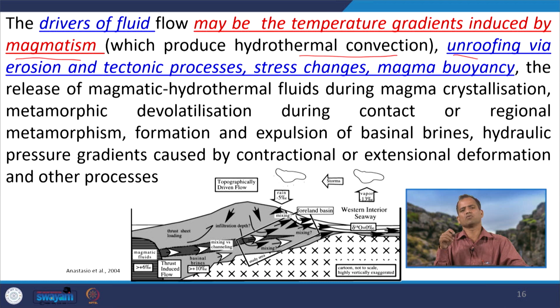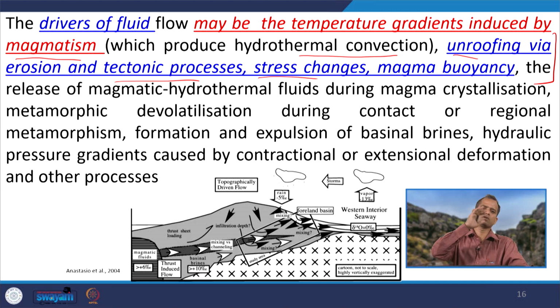So, suppose we have the fluid. Now, how to drive this fluid from lower crustal level to upper crustal level? So, these are the processes that accelerate or help the fluids to flow. So, this becomes the driver, and that may be due to tectonic forces, stress change, or magmatic buoyancy.